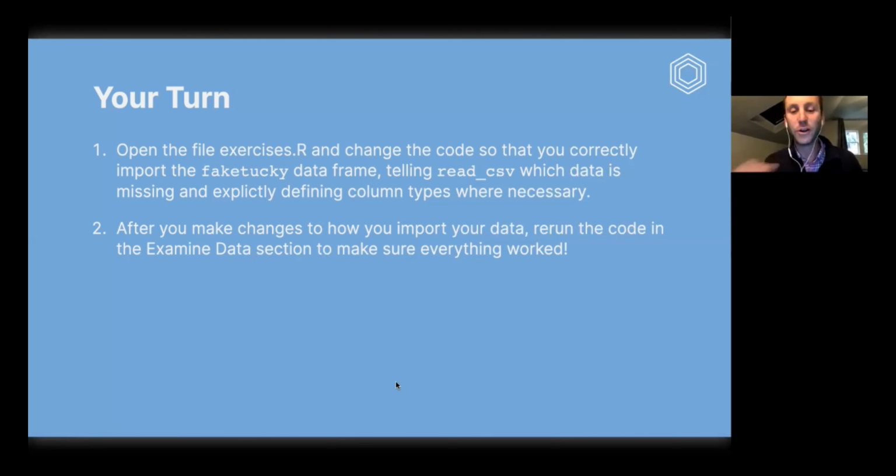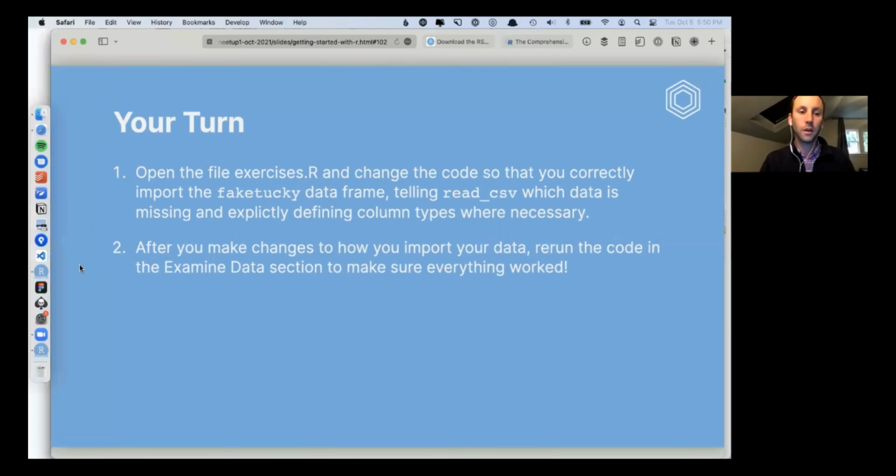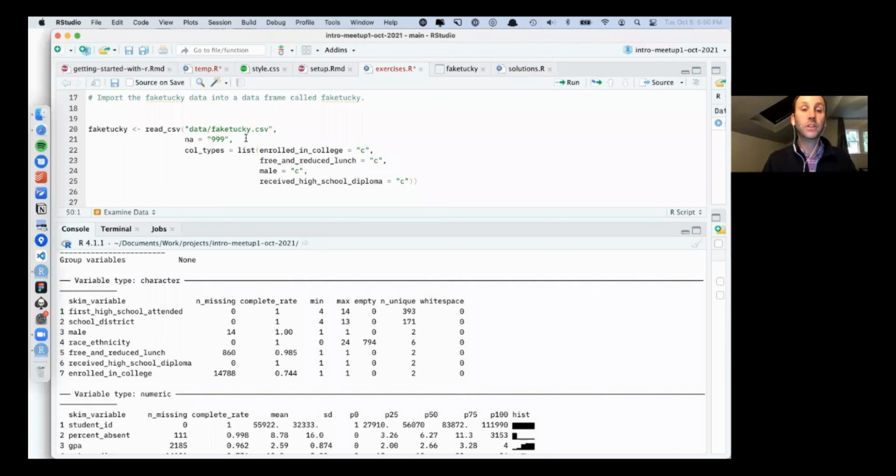So Kate, you asked about what's going on with 3153 for data cleaning. That's actually a really good question, so let me deal with that. Within my NA argument, I can give it multiple values that I think are NAs.